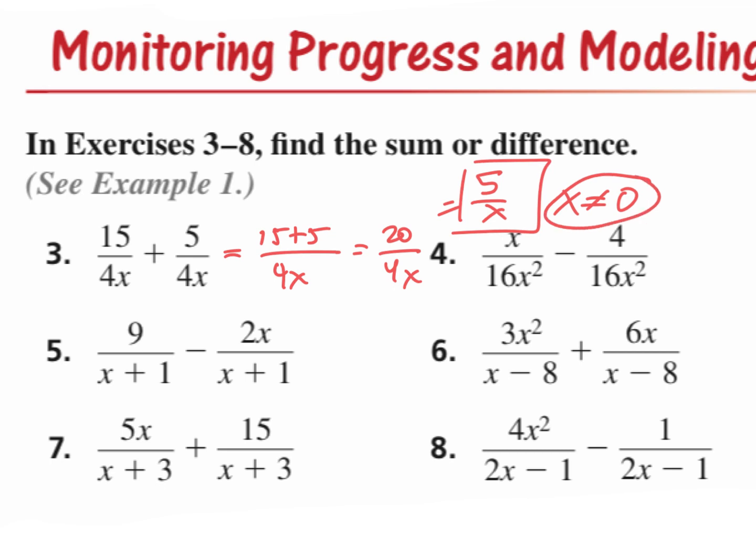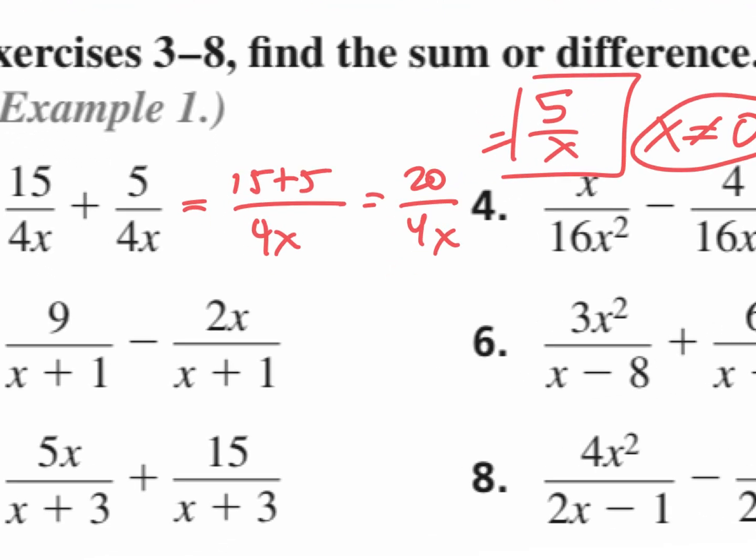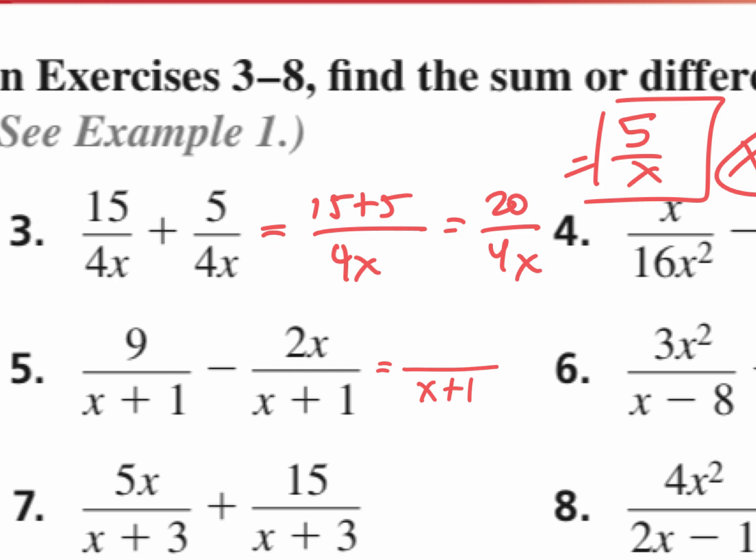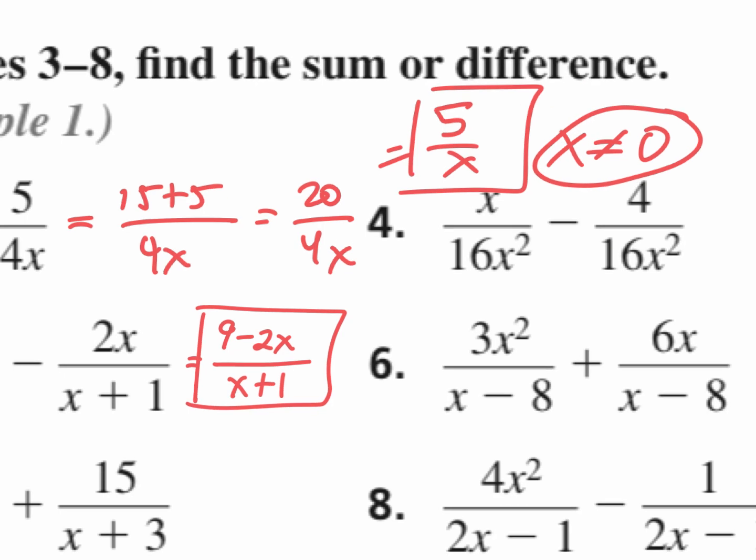Let's look at 5. Common denominator? Right? x plus 1. So my numerator is 9 minus 2x. Can I combine that at all? No. Can I factor anything out? No. So we just say it right here as 9 minus 2x. And then I have to say, well, wait a second. I have a domain restriction here.